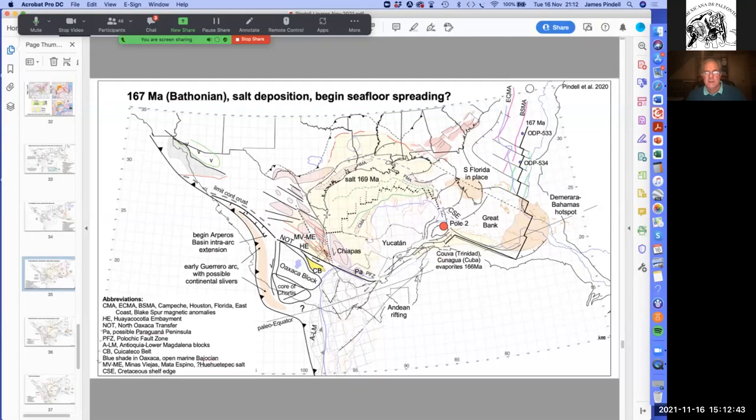We can see a broad basin forming, and now the ocean is getting in, probably across Mexico, and the water is in a shallow basin here, and it's evaporating, and it's depositing salt.